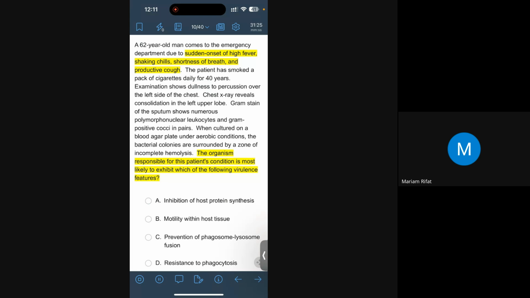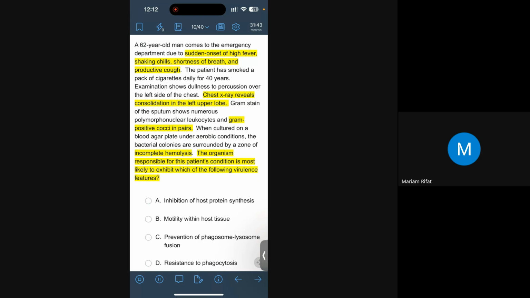Consolidation in the left upper lobe. Gram positive cocci in pairs. There is a zone of incomplete hemolysis.